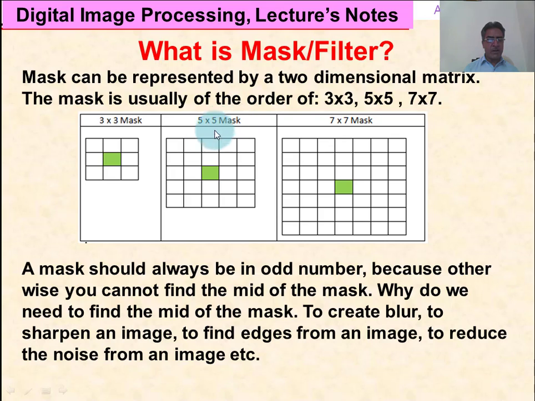This is 5 cross 5 mask, where we have 5 rows and 5 columns, and such a 5 cross 5 square matrix is called 5 cross 5 filter or 5 cross 5 mask. This is 7 cross 7 mask, that is 7 rows and 7 columns.